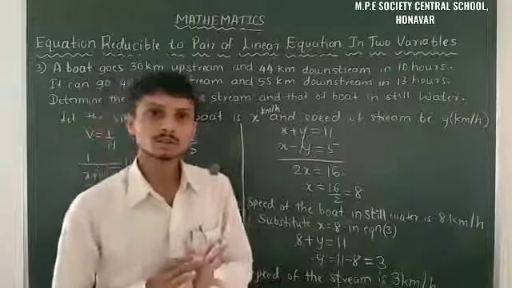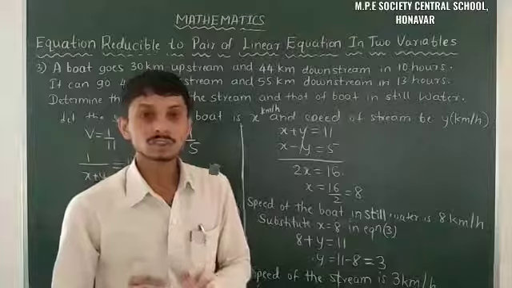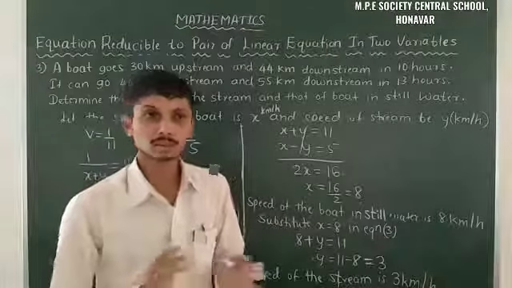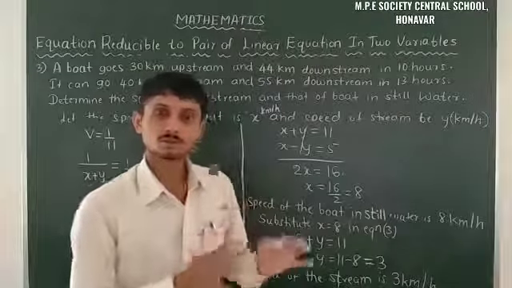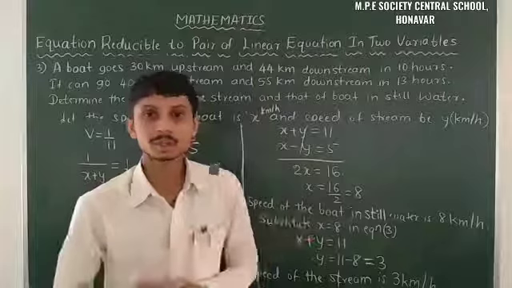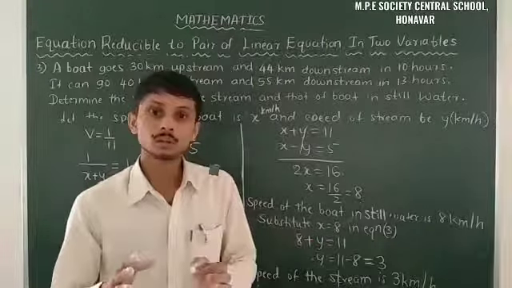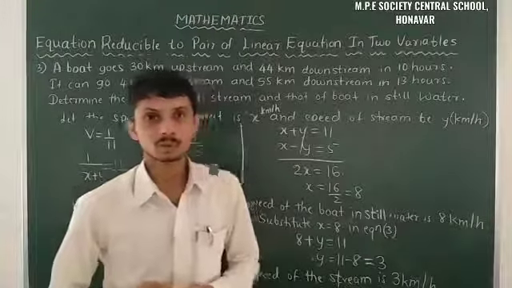So this is about equations reducible to a pair of linear equations in two variables. I discussed three problems. The first two problems are based on how we can reduce and convert them into a pair of linear equations in two variables.